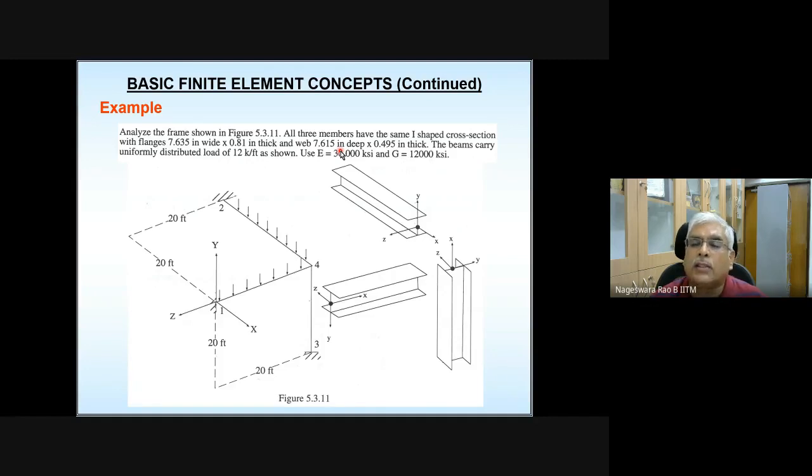To calculate the torsional constant, you need to know the dimensions of the section. Any questions here? So now you need to go to each element.